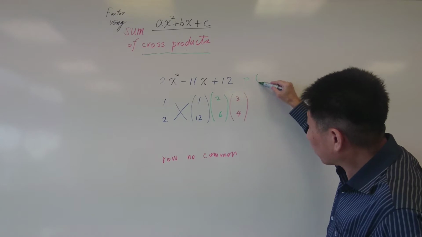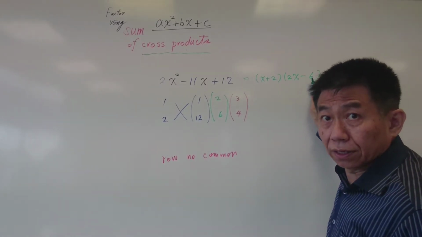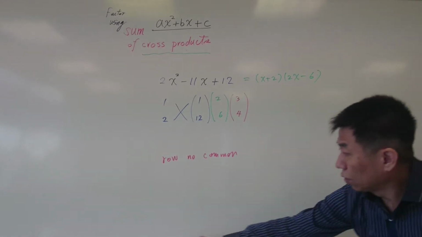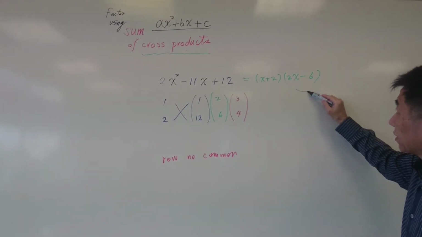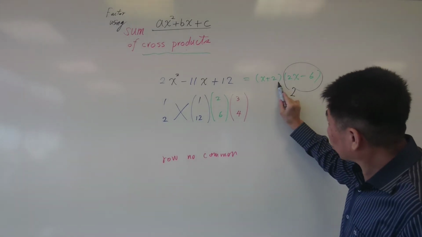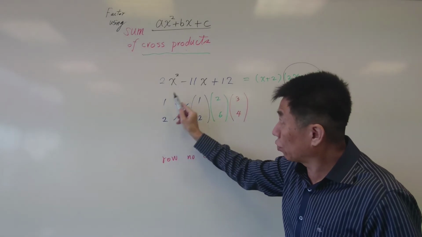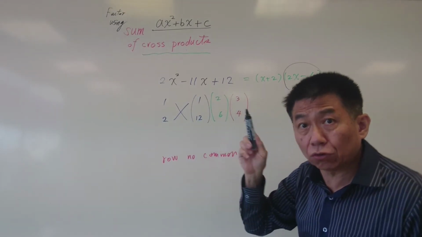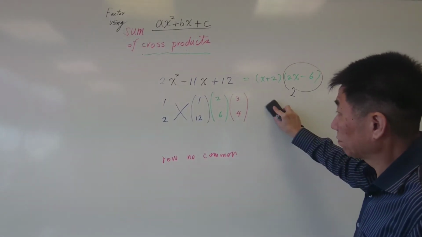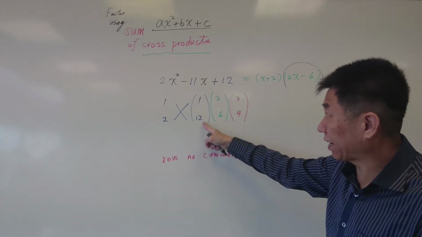If your factor in the end is anything like this, look at this: 2x minus 6 contains 2. These 2 should go into each term. But did you see that? This is 11. There's no greatest common factor. So it contradicts the previous finding, which means in the horizontal row, you shouldn't have a common factor.